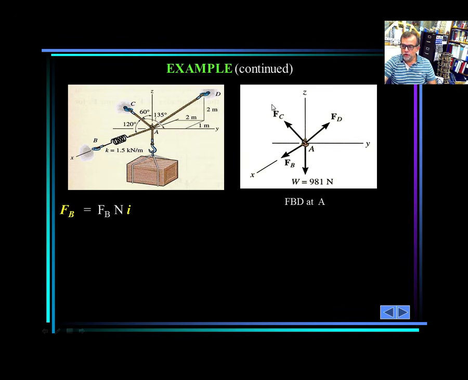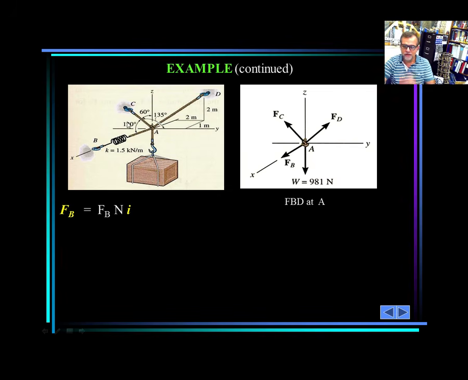Now, the force C is this one. What do we know about the force C? The force C, we know the director cosines, the director angles. You have alpha, pay attention, this is alpha. What is alpha? The angle between the force AC, or the force C, and the x-axis, 120. What is beta? This angle is inclined between the y-axis and the force. And what is gamma? The angle between the z-axis and the force.